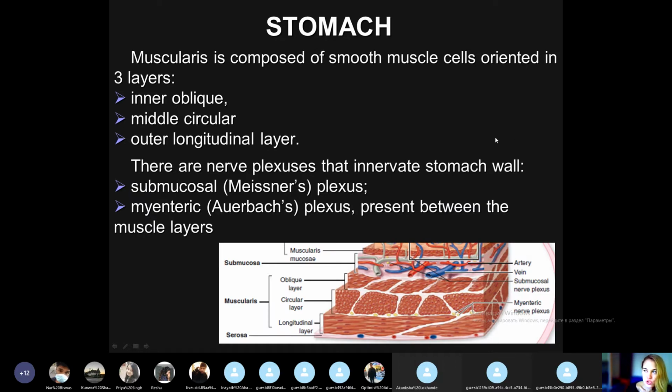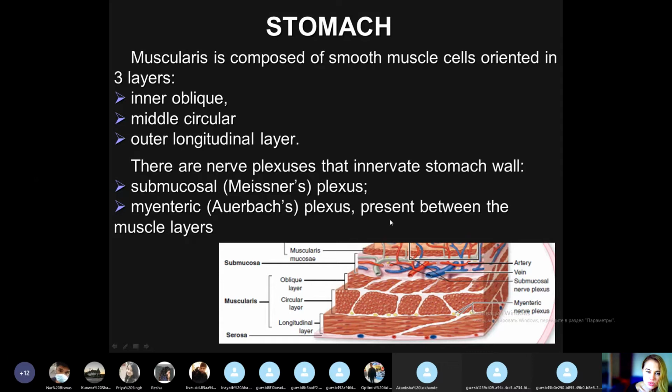Also, the next feature of the stomach is the tunica muscularis. Remember, in the esophagus we mentioned 2 layers of the tunica muscularis. In the stomach there are 3 layers: the inner oblique, middle circular, and outer longitudinal. And we can find 2 nervous plexuses in the stomach. The first, submucosal or Meissner plexus, is found between the submucosa and muscularis.